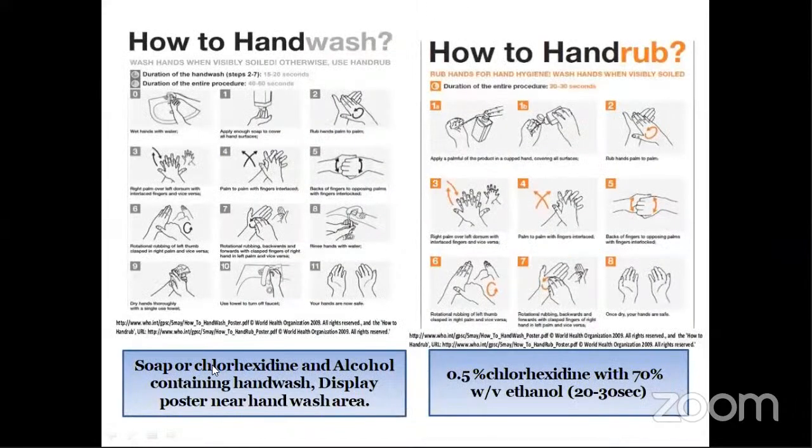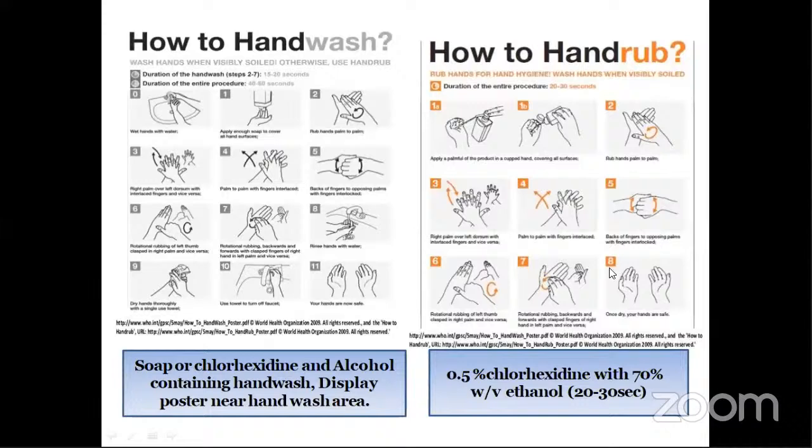For hand wash, soap or any hand wash containing chlorhexidine and alcohol can be used. These posters are available online. You can just download them and display the poster in your hand wash area. The full protocol of hand wash takes around 40 to 60 seconds to perform, and should be performed in that way.